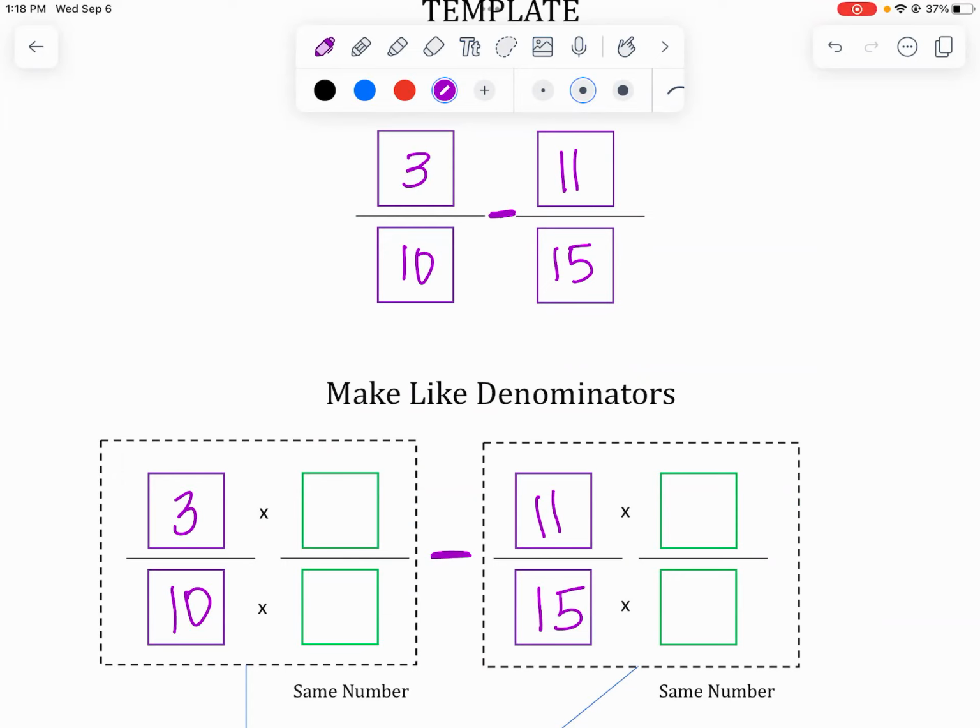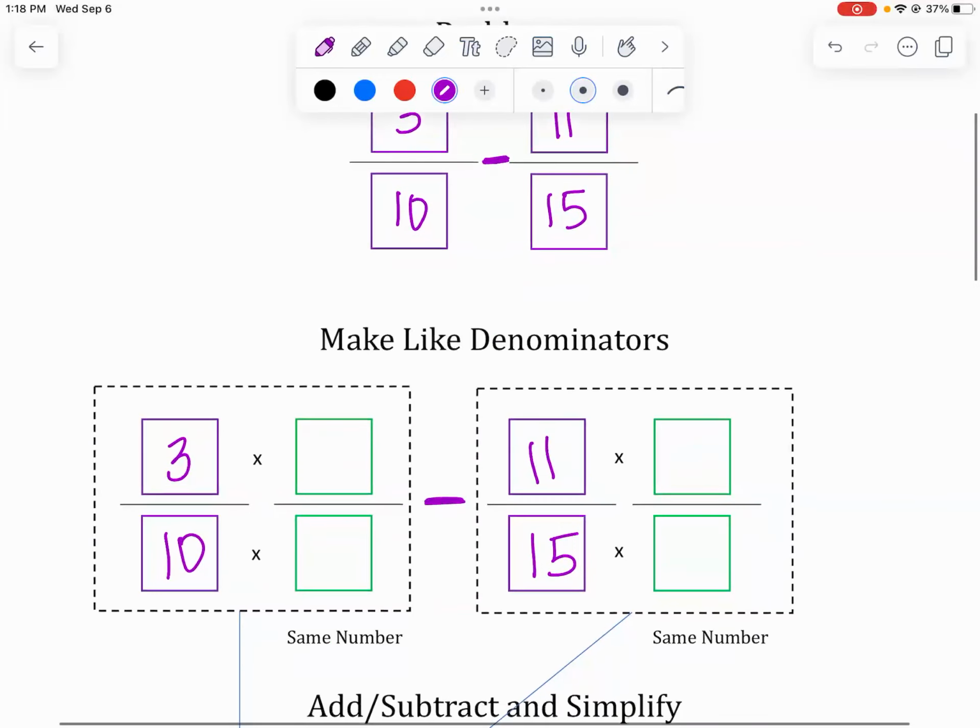You said something like 10 times 15. Oh, yeah. Okay, since our two denominators are 10 and 15, we can make a common denominator of 150. Okay, if you have another idea, just hold on to it.